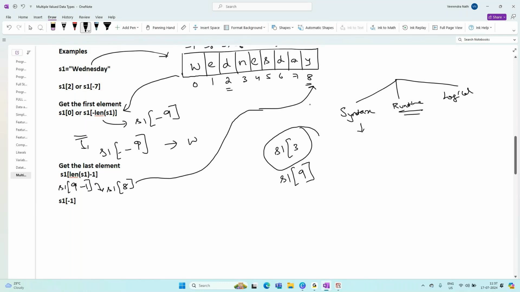If you are asking for the ninth value, that index is not available. You are asking me to fetch a value which is not available, the system will not understand what to do, and then it will throw a runtime error.